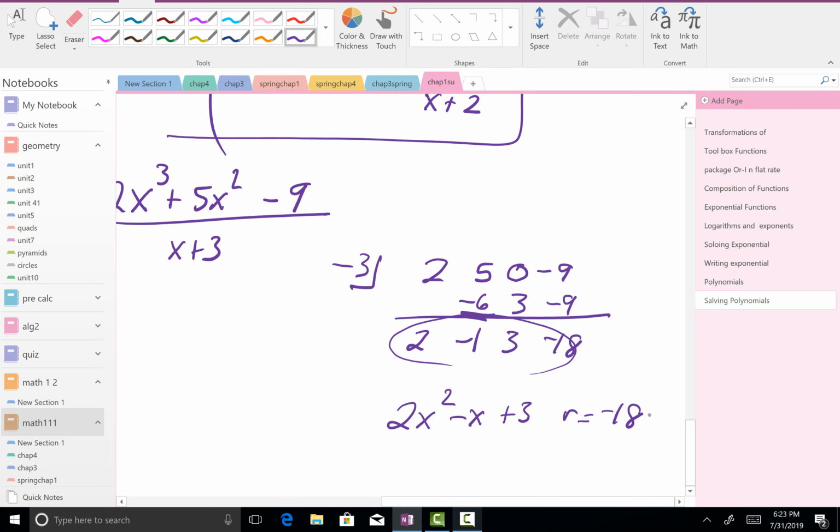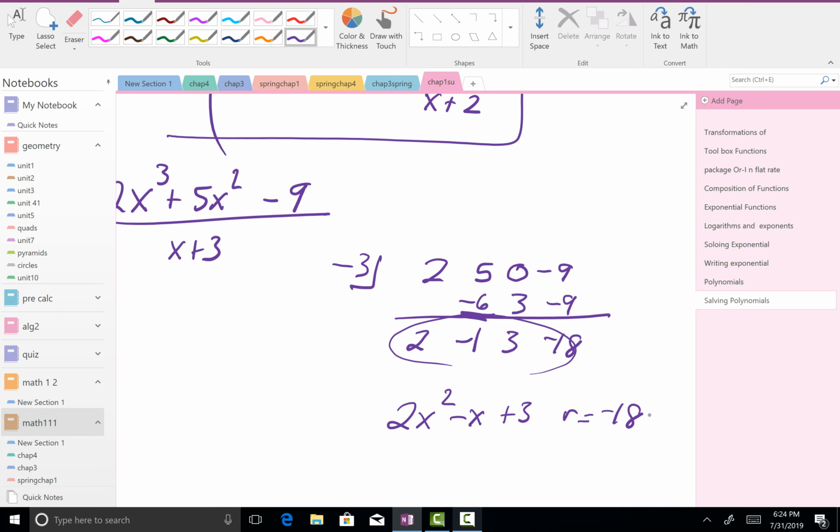Or you can put over x plus 3 if you want. All right. So if you're missing a term up here, you have to use 0 to do the placeholder on it. Okay, so that's synthetic division.